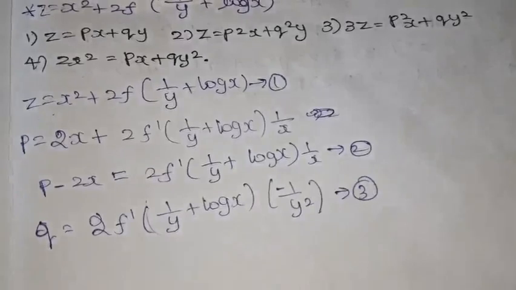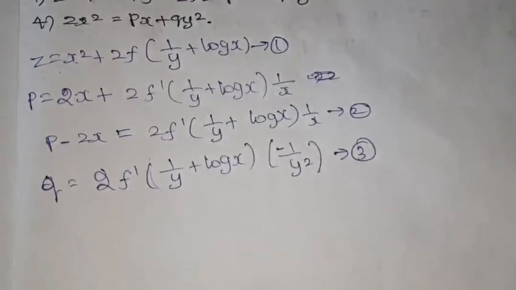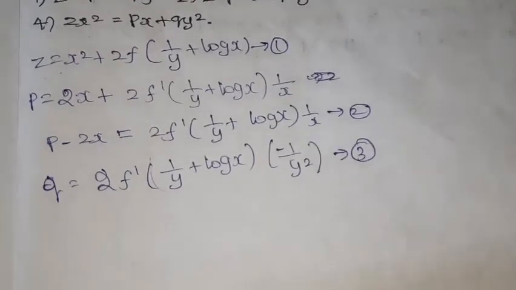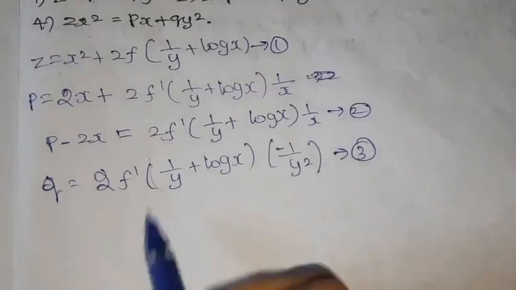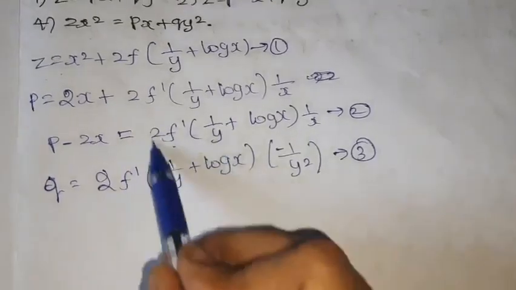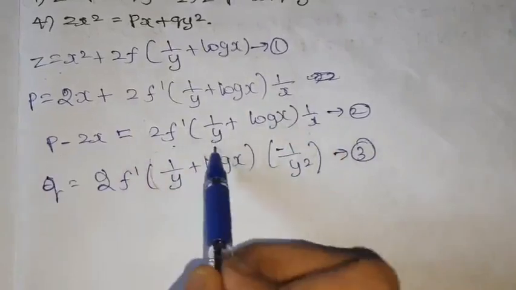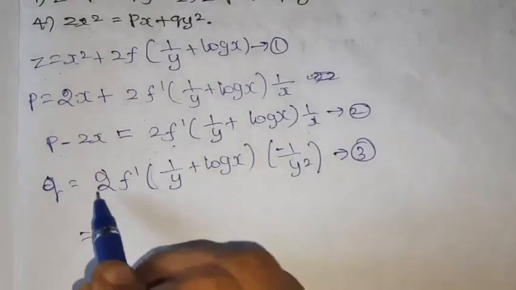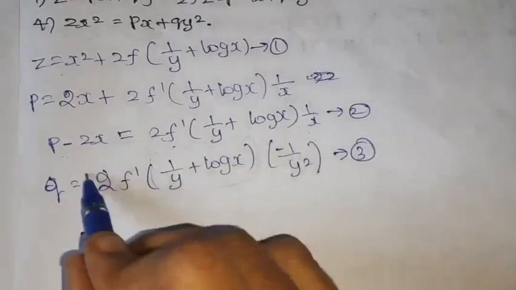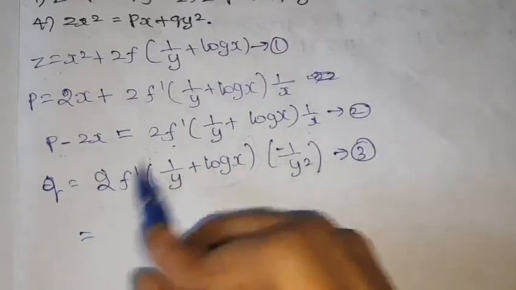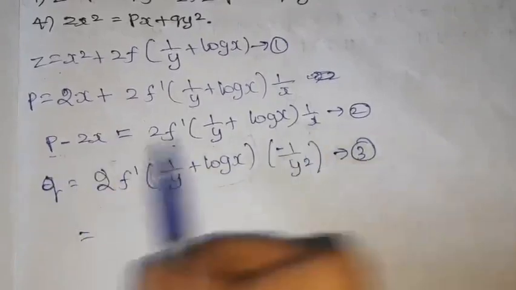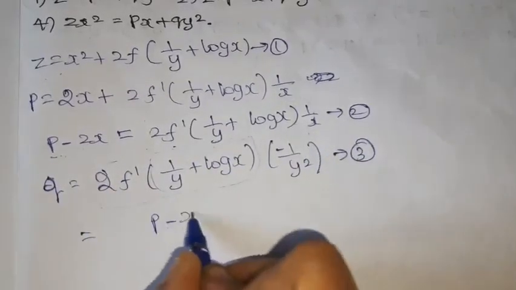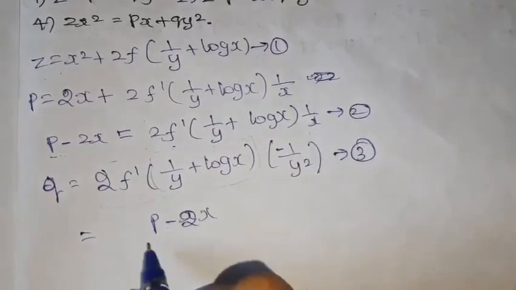2f dash of this term equal to p minus 2x by x, right? Substitute this term in place of this value from equation 2, p minus 2x by x.